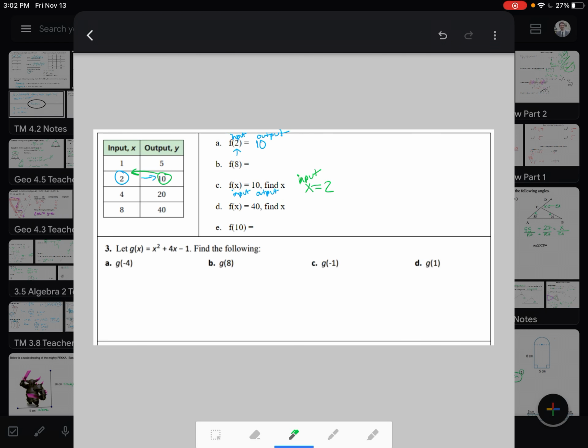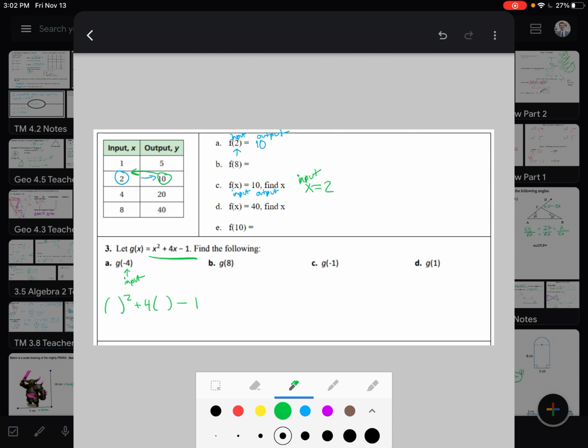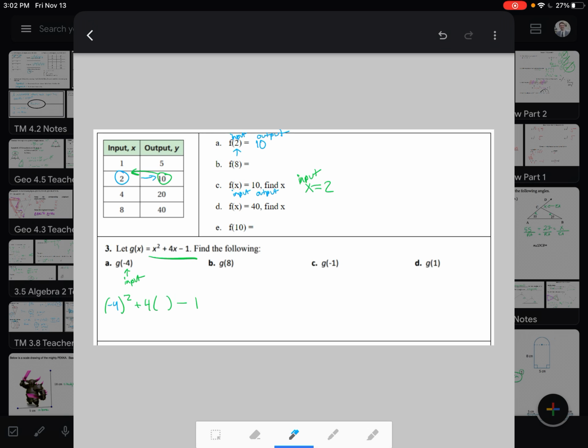The last thing, we will need some calculator work here, is our input is -4, and we're trying to find, based off of that, what's our output. So everywhere that we see an x, we're going to replace it with our input value, or our -4. And then we just follow PEMDAS like we did at the start of the school year.